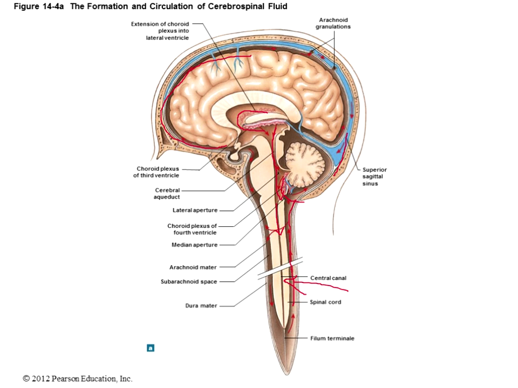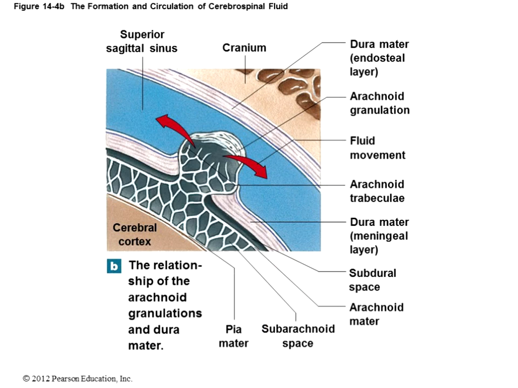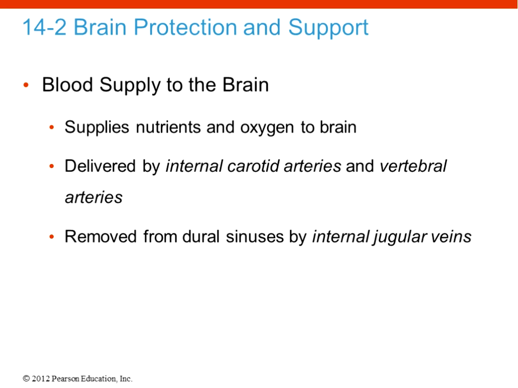A lumbar puncture into the subarachnoid space is going to allow you to grab some of that CSF and give you a feel for what's going on inside the brain. Okay? Here are the different layers of the meningeal system and the circulation through those arachnoid granulations and the dura mater. You can see those locations there.